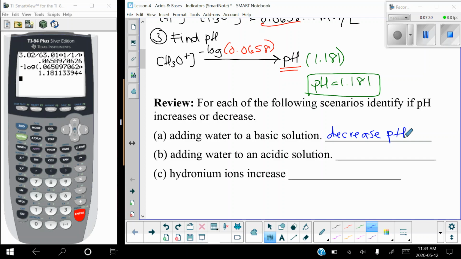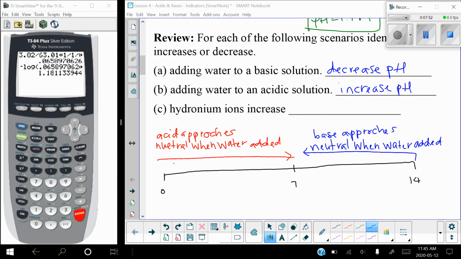If you're adding water to an acidic solution, again, you are going to be approaching neutral. So you are going to increase your pH.